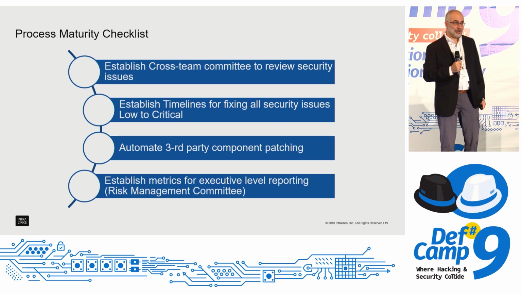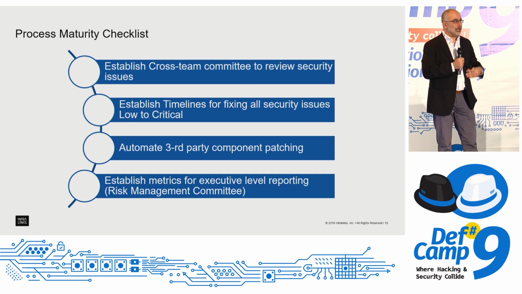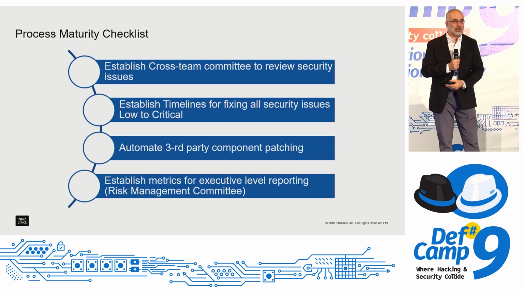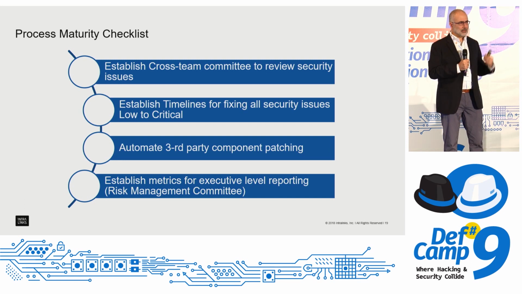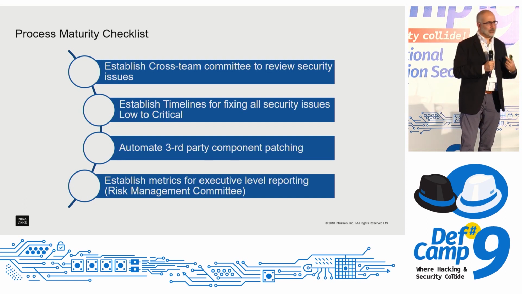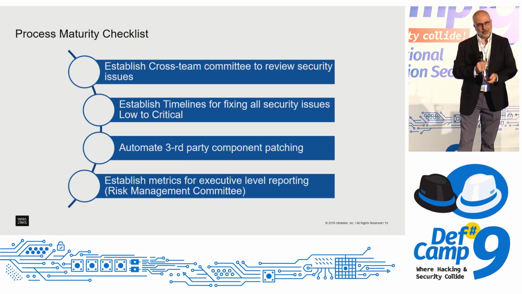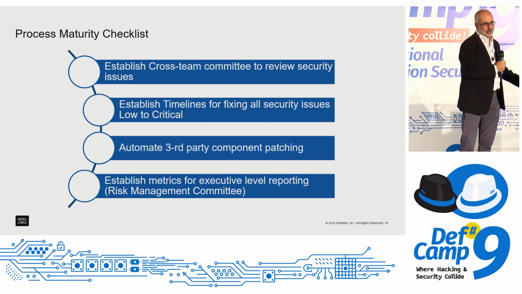Establish metrics. Measure what you're doing. And make sure you can communicate it to people who invest money in it. Essentially, you go back and ask for budget, right? You have to, and this idea was kind of, I heard about it yesterday too. It's kind of universal. You have to show what you're doing in order for people to give you resources to do something, right?